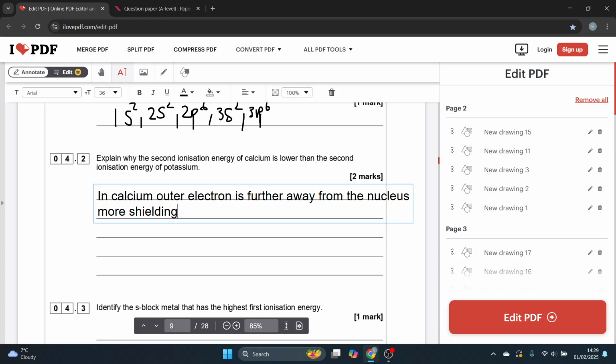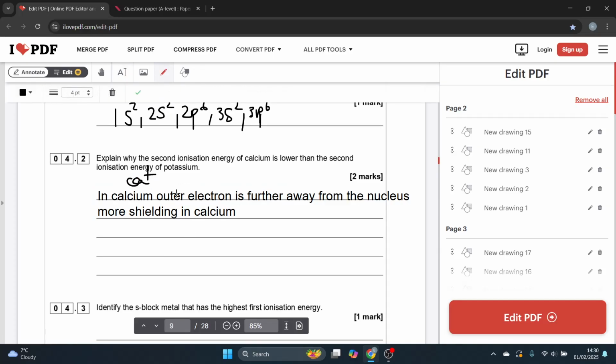More shielding in calcium. It's that simple, these kinds of questions. They're just looking for extremely specific marks: while the second ionization energy is lower, outer electrons further away from the nucleus, more shielding. Obviously I would say Ca in Ca+, but yeah, calcium should be fine.